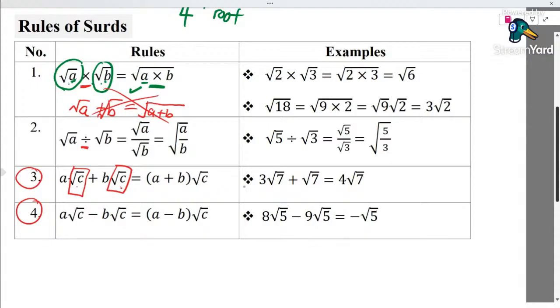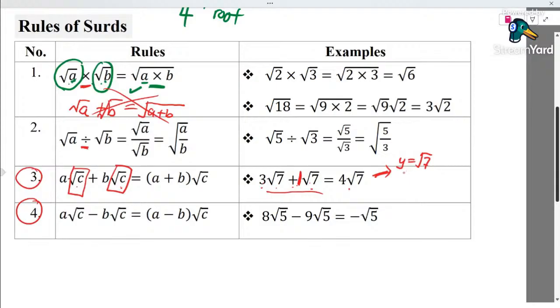For example, I have 3 square root of 7 plus square root of 7. Square root of 7 only means 1 square root of 7. So 3 plus 1, 4 square root of 7. If you feel that looking at the square root is so confusing, then for today's lesson, try to understand it this way. What if y is equal to square root of 7 in this case?